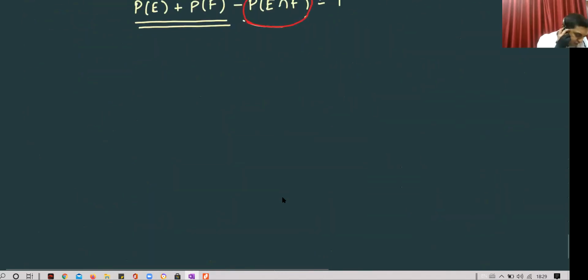Last problem for today. This is problem number 18. Of a school, 40% students study maths, 30% biology, 10% study both maths and biology. And this is easy. This is just two events.